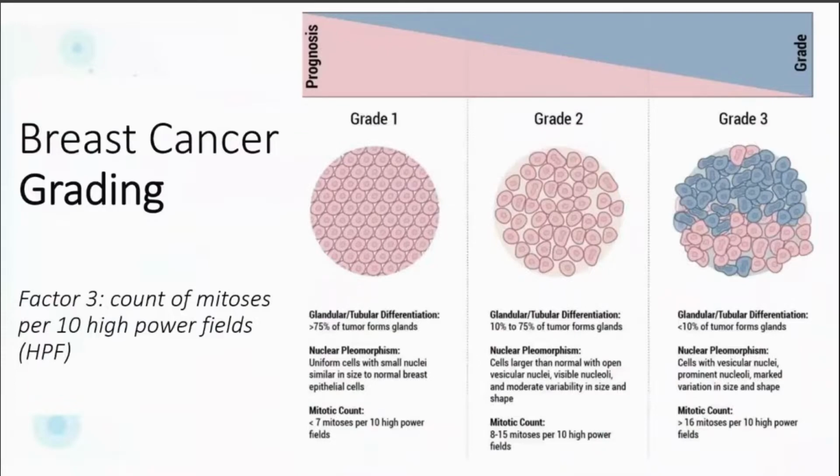Those 3 factors are used by the pathologist to grade the breast cancer, and that grading is frequently used to determine what type of therapy, whether you need more aggressive surgical removal, or you can treat with chemotherapy or radiation. All of that comes into play once the grading of the progress of that particular cancer is evaluated.